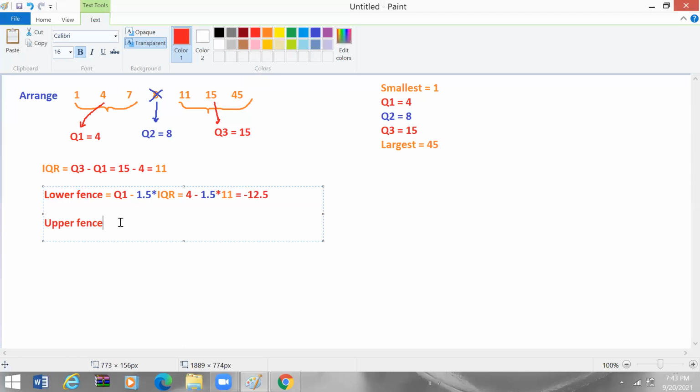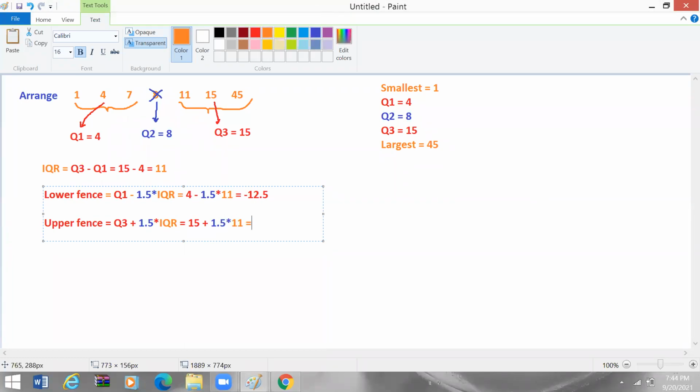For the upper fence, we're going to take Q3 plus 1.5 times IQR. So for that, we're going to take the Q3 equal to 15 plus 1.5 times the IQR, which is 11.